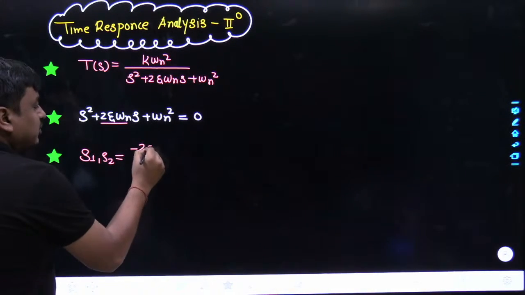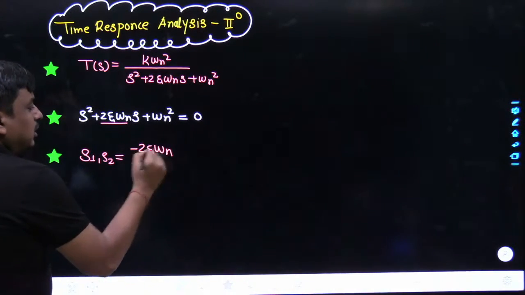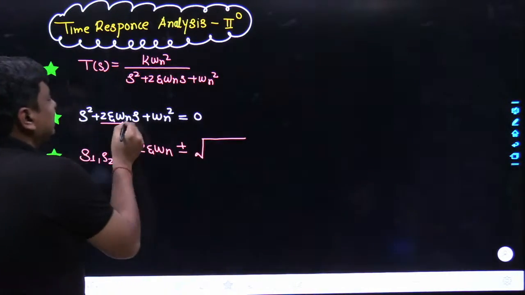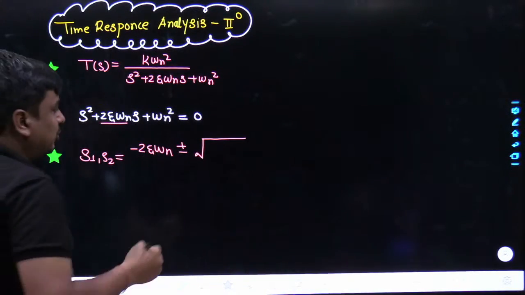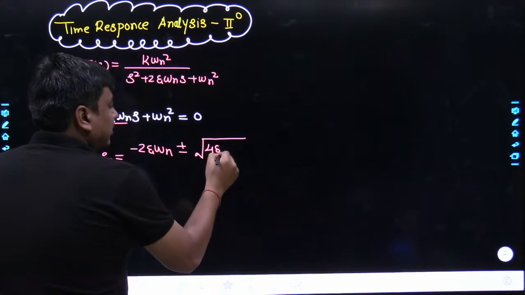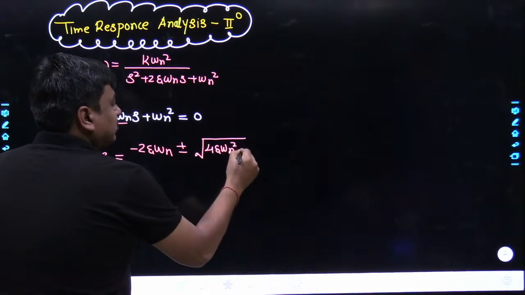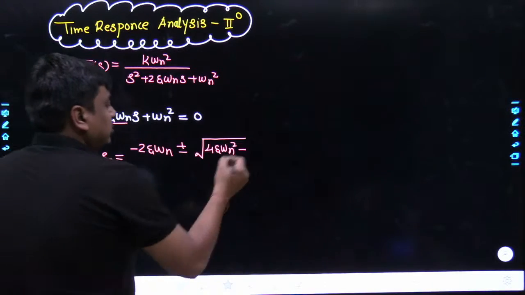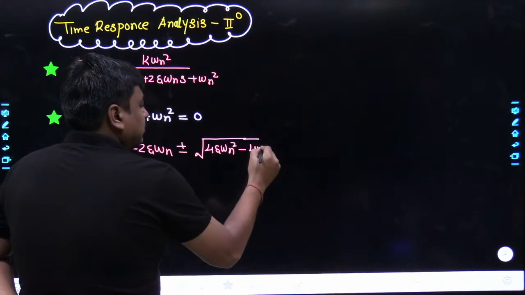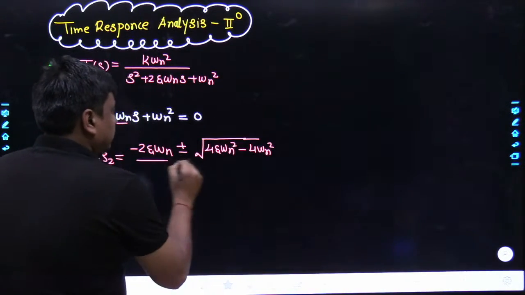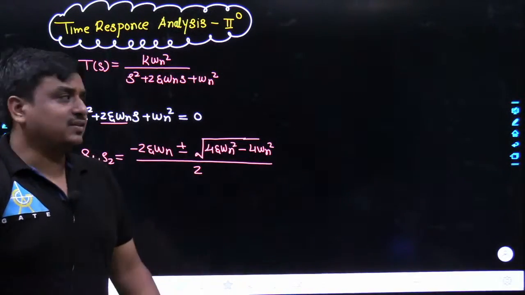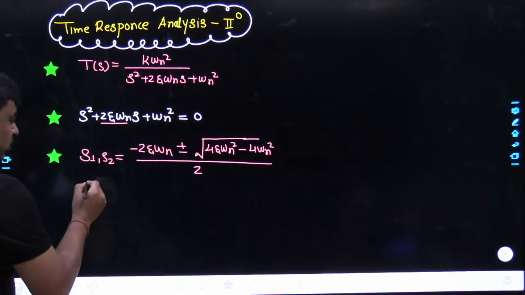So it would become minus 2 zeta omega n plus minus the square root of b square minus 4ac. b square is nothing but the square of 2 zeta omega n, which would become 4 zeta square omega n square, minus 4ac. The a is 1 and c is omega n square. So here it becomes 4 times omega n square, divided by 2. And anyways, we derived this formula even in the last class. So let me write straight away what was the conclusion.